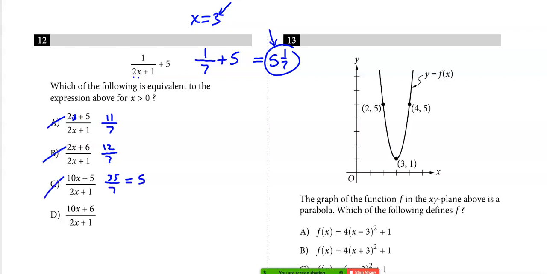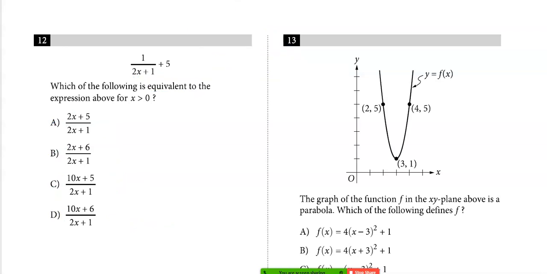Let's try this one. 10 times 3 is 30, plus 6 is 36. 2 times 3 plus 1 is 7, and that does go in there 5 times with 1 left over. So the correct answer is D. Might not have been the cleanest way, but if you're not good at algebra, that's something you can do. Whenever they say is something equivalent to something, you can always stick a number in and get them to match up. Here's the hardcore traditional way.